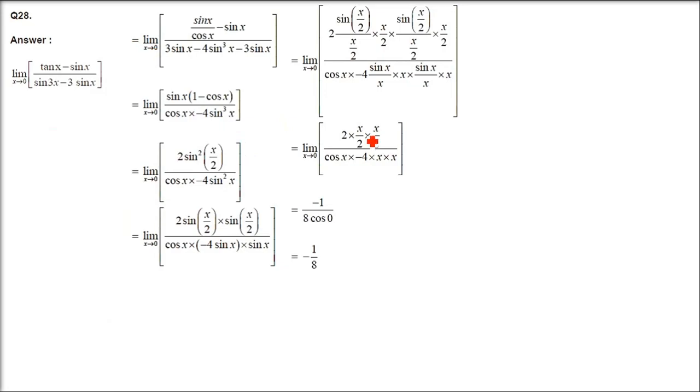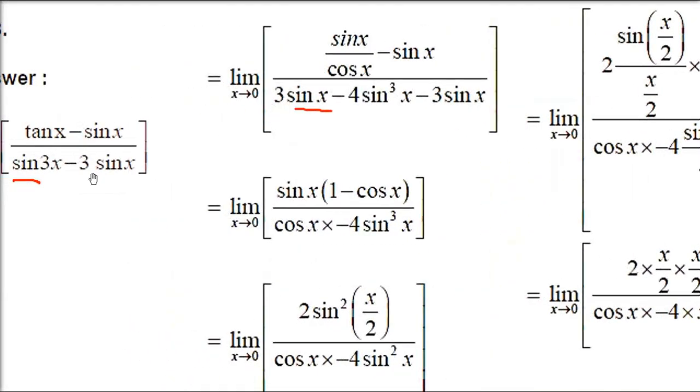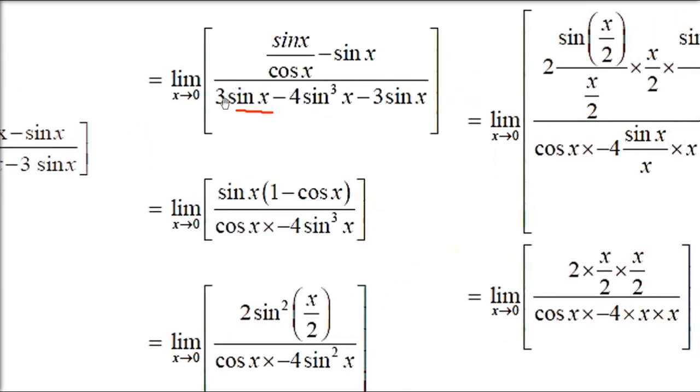The formula is sin 3x is 3 sin x minus 4 sin cube x. We are replacing it, and we already have a minus 3 sin x. In place of tan x, we are writing sin x by cos x. And we have a 3 sin x also.